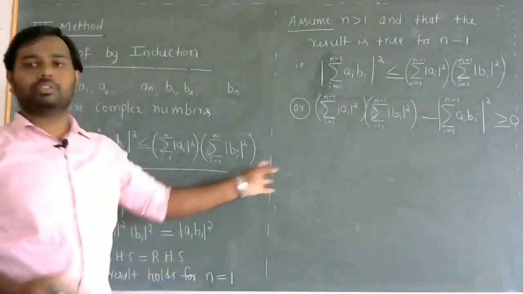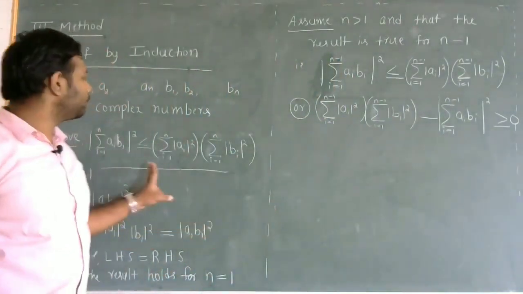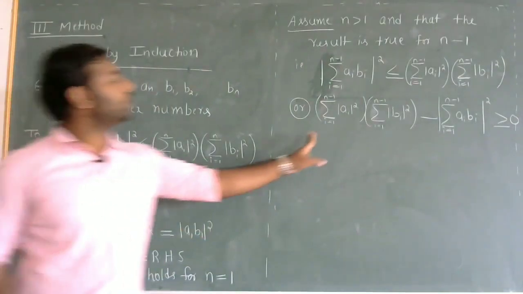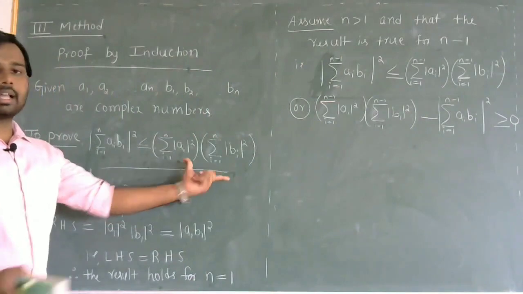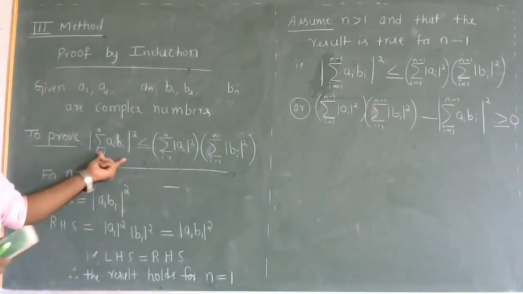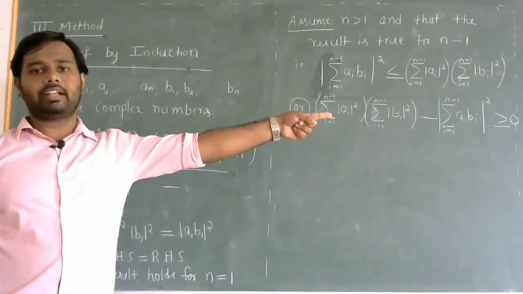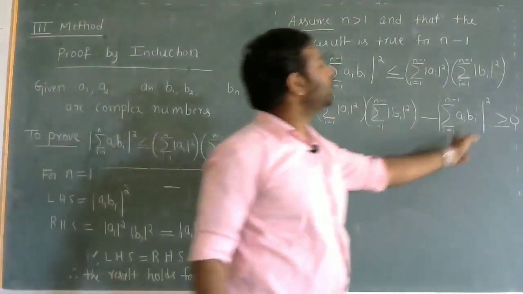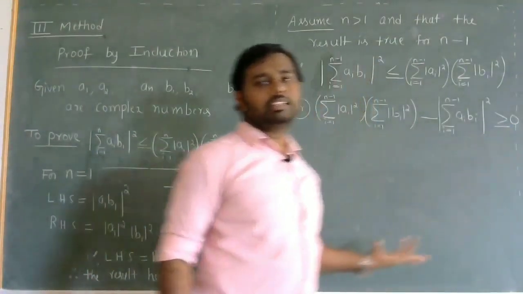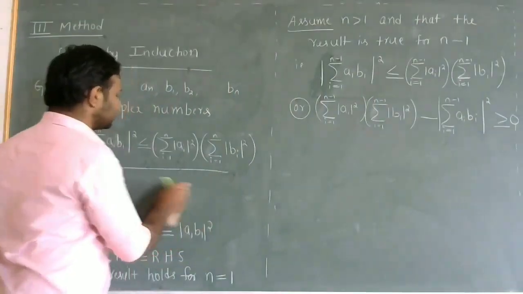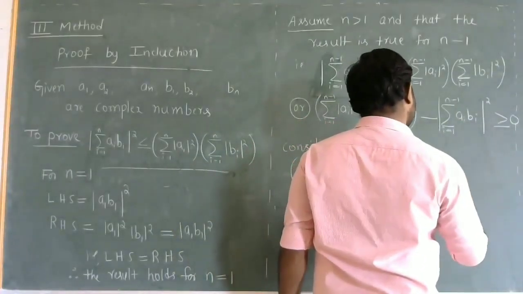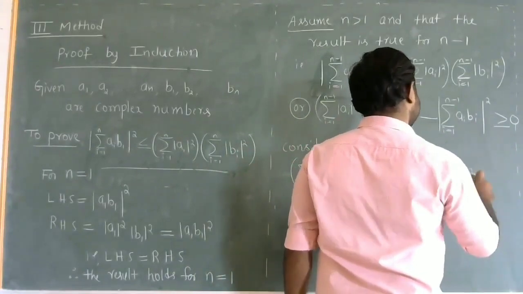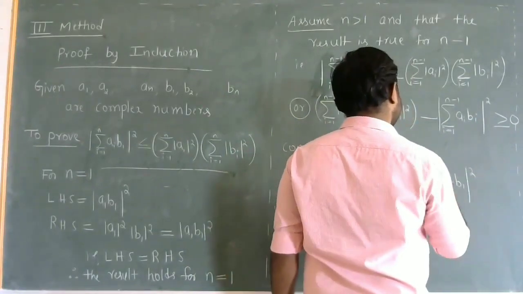Now to prove the result for n, we'll follow the same method. We shall prove that this number minus this number is non-negative. Then taking this term to the right hand side, you will get the required result. So we shall start with n minus modulus of summation ai bi square, i running from 1 to n.